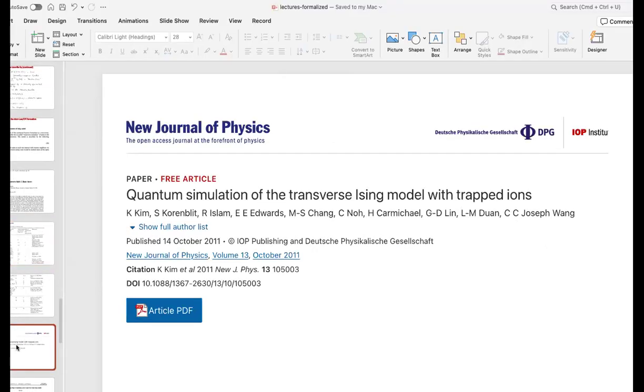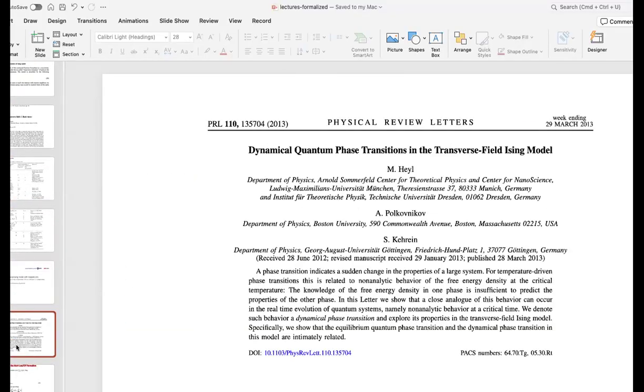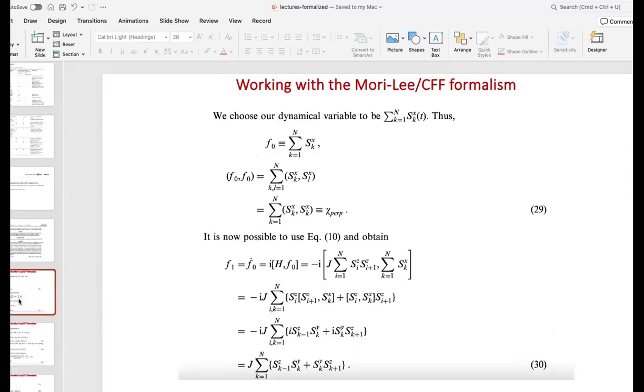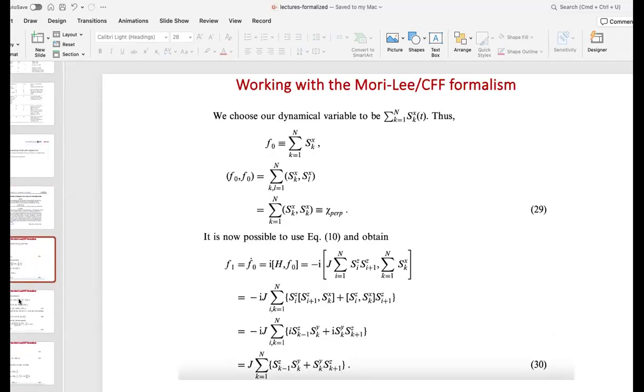So we'll calculate and check. And you can see this very important quantity has now come up, the Sx, Sx Kubo product. And this quantity in general is not easy to obtain. And it has a name. It is called perpendicular susceptibility.